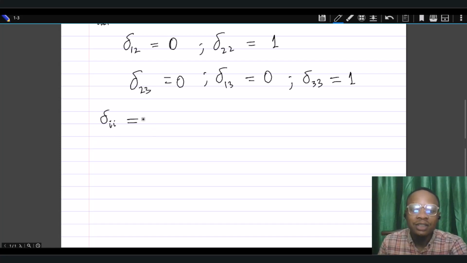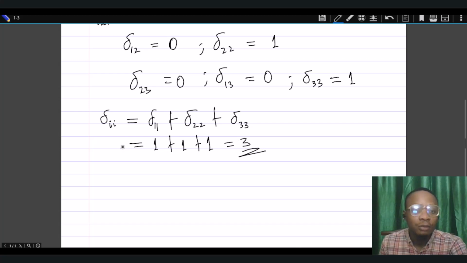So this is essentially implying delta 1 1 plus delta 2 2 plus delta 3 3. So this will then be equal to delta 1 1, which is 1, plus delta 2 2, which is 1, plus delta 3 3, which is 1. So this is basically equal to 3.